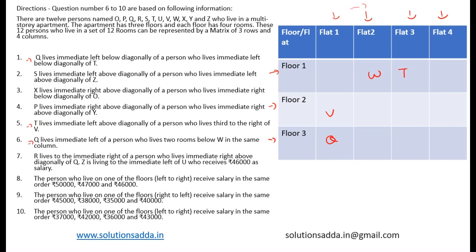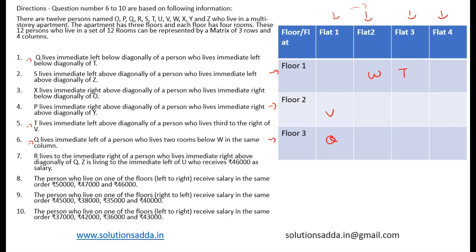That is one point. T lives immediate left above diagonally of a person who lives third to the right of V. That is this. And Q lives immediate left below diagonally of a person who lives immediate left below diagonally of T. So based on these points, we can arrive at this arrangement.